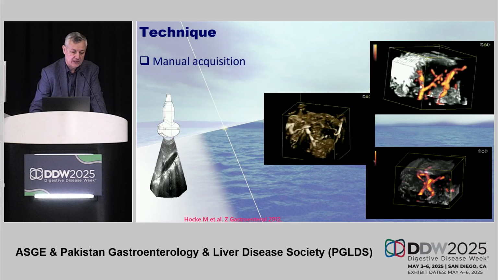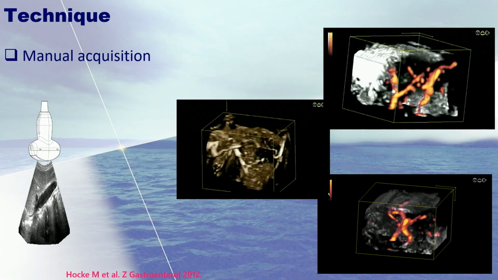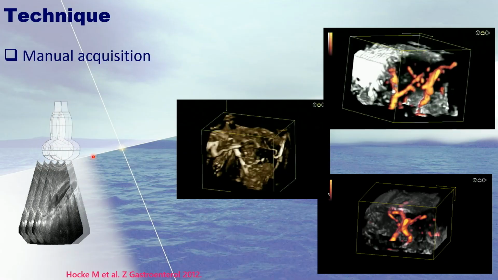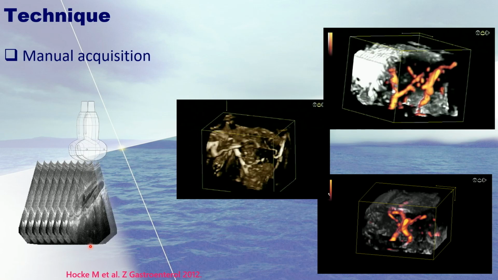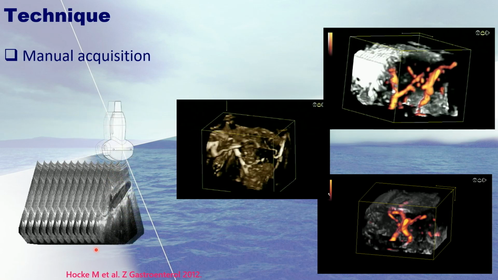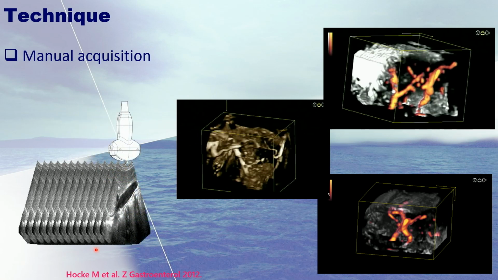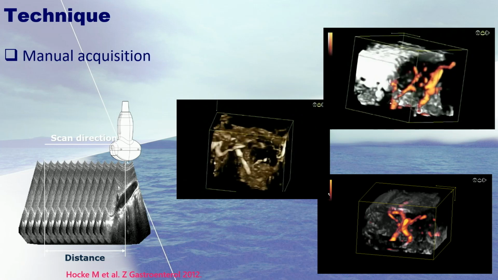This is an example of how it works on transabdominal ultrasound, but it's done in the same fashion during endoscopic ultrasound. Basically the transducer is rotated. If you use a linear transducer, you have to rotate it, and then you catch various sections of the tumor and the surrounding vessels, and then you do the reconstructions.